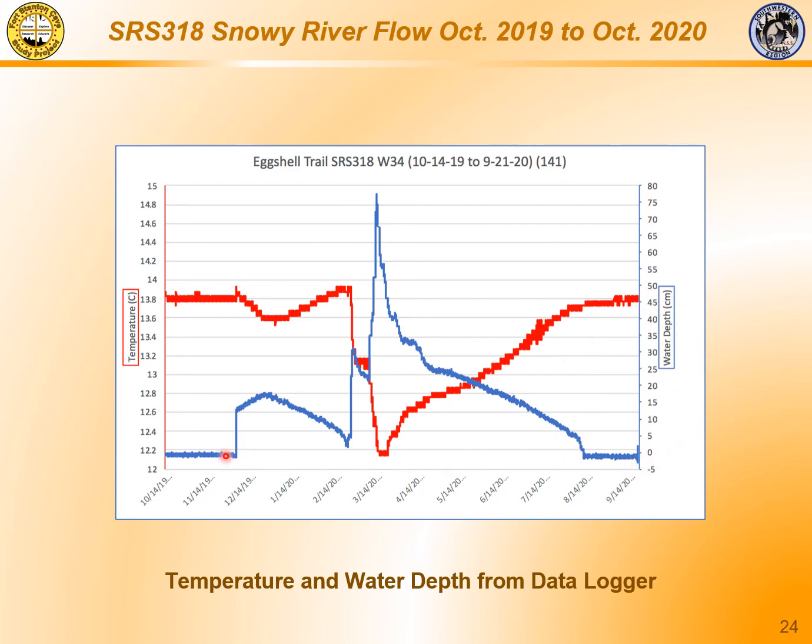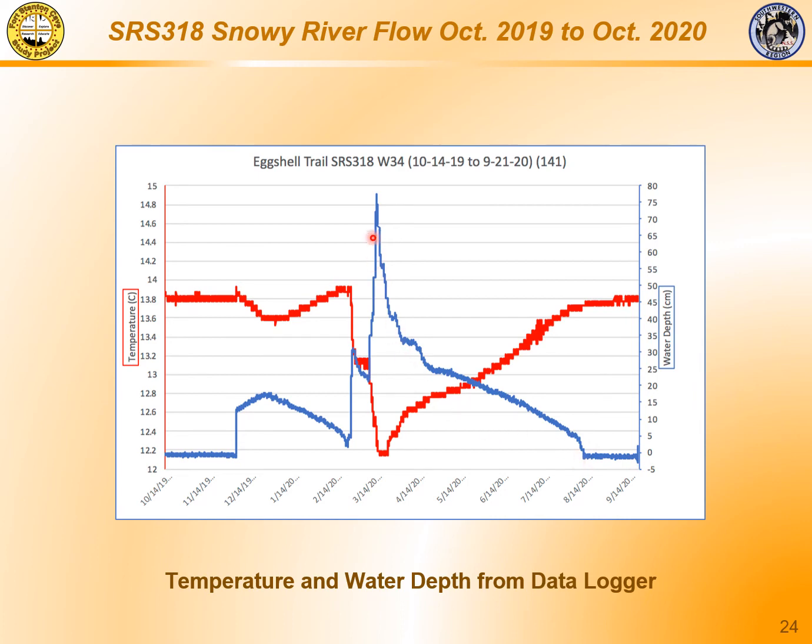There's no water in the stream. And somewhere around the start of December, water showed up in the stream, the stage went up, went down a little bit, came up again, and peaked here around March of 2020, and the stage gradually declined, and we went back to a dry channel somewhere around August of 2020.